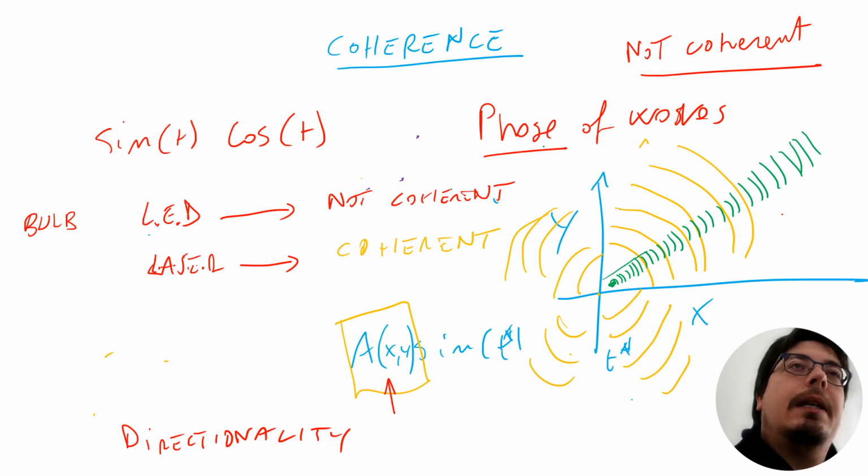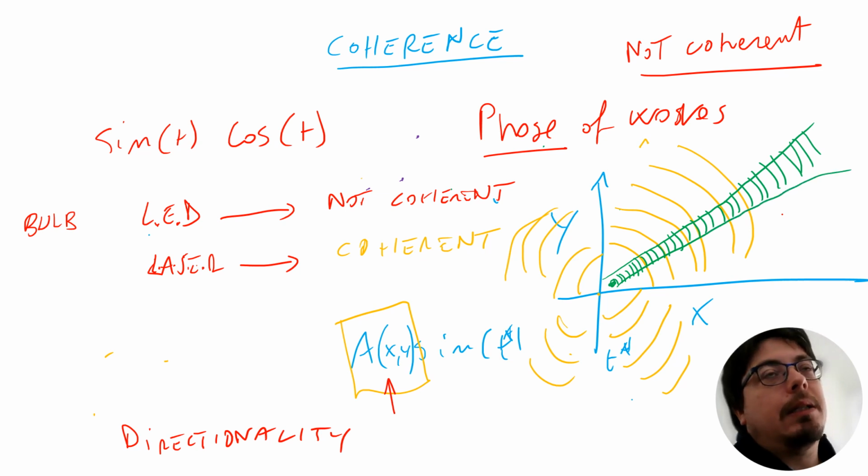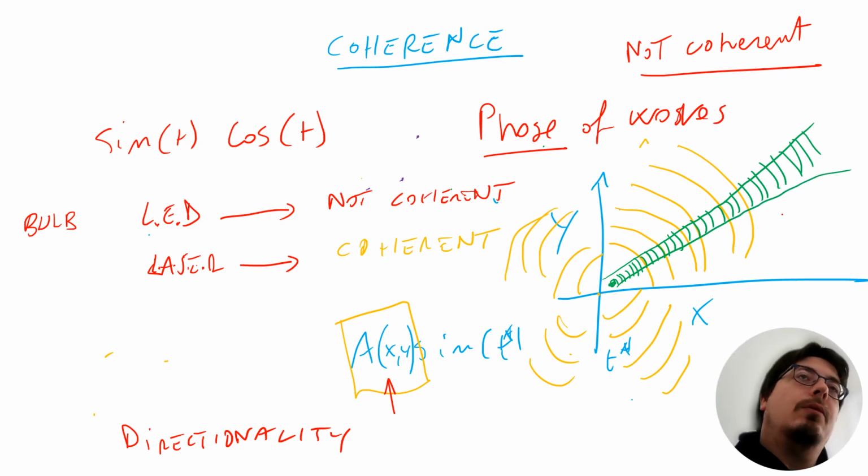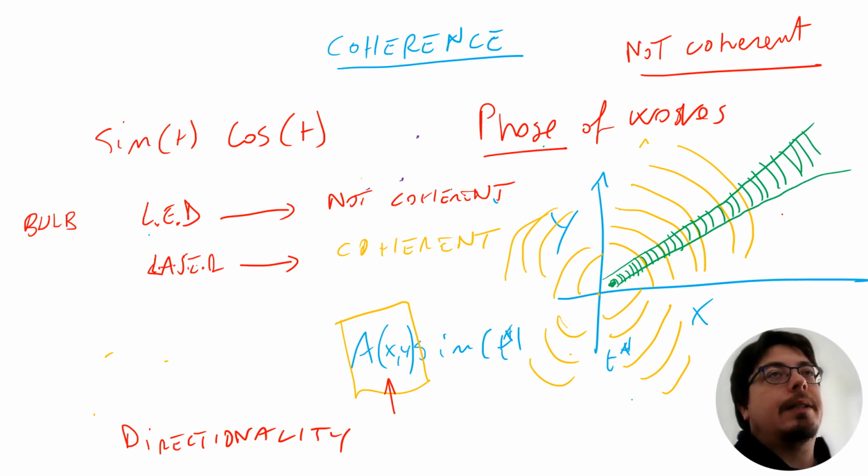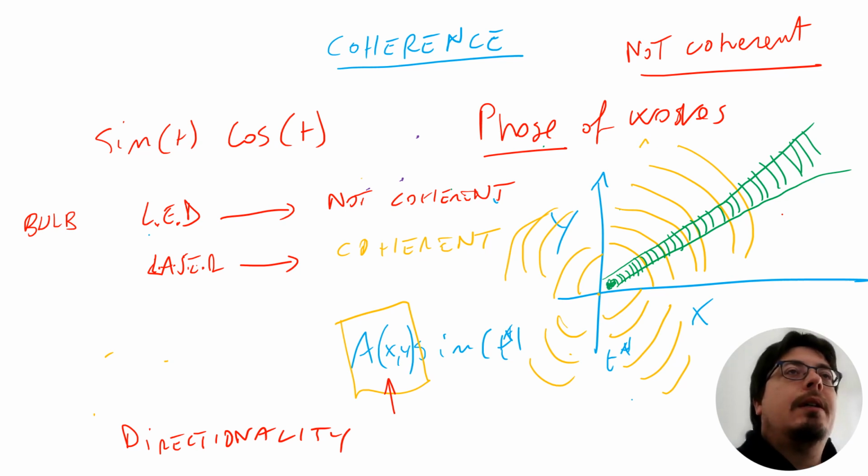And this is basically what happens with a laser light, in contrast to a light emitting diode, or in contrast to just a bulb. Okay, so you have a point, a source, which will be coherent in space and time.